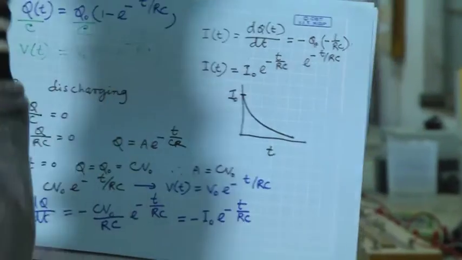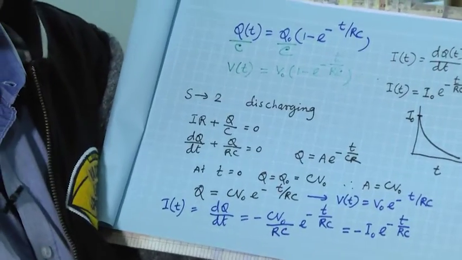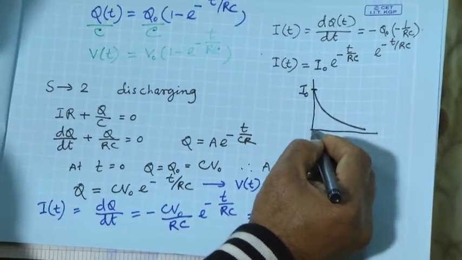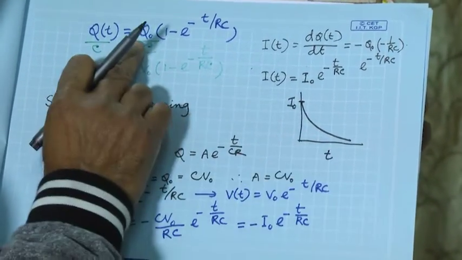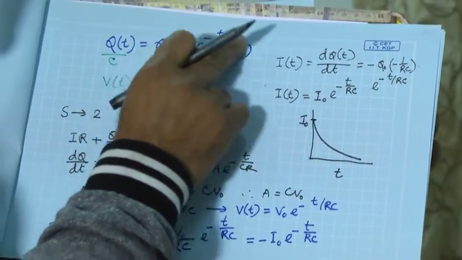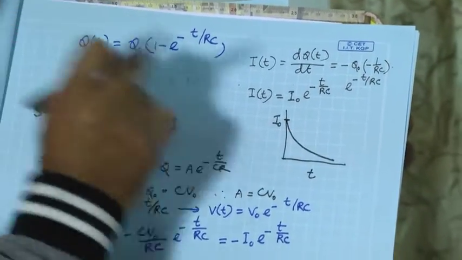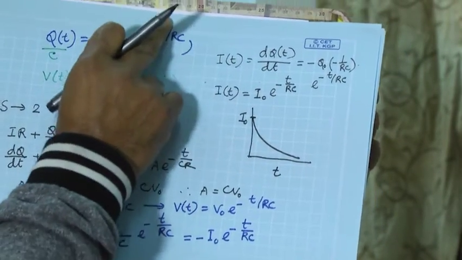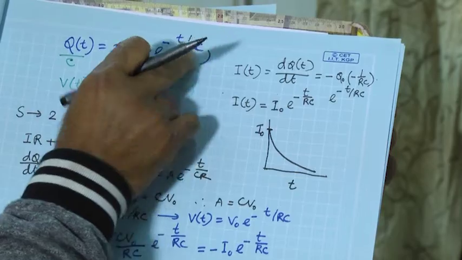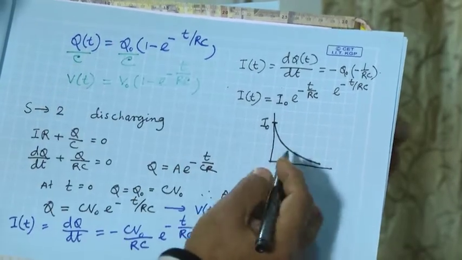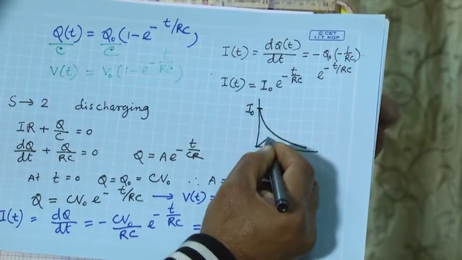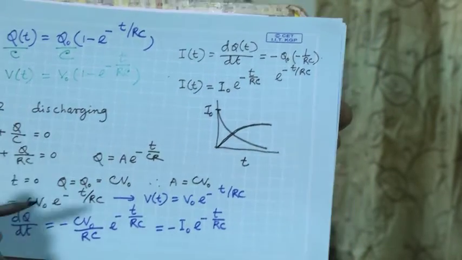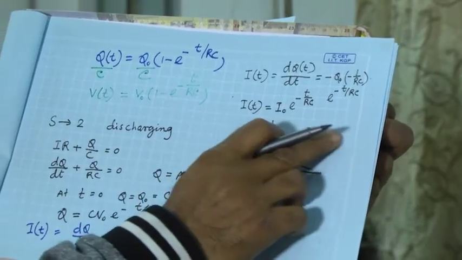If I plot voltage, initially at t equal to 0 it will be 0. Then this term is decreasing with time, so 1 minus this factor will increase. So, with time this variation will increase exponentially, like this.